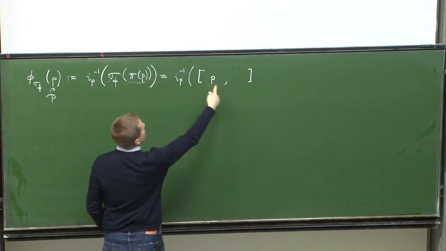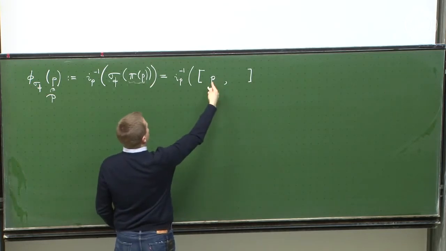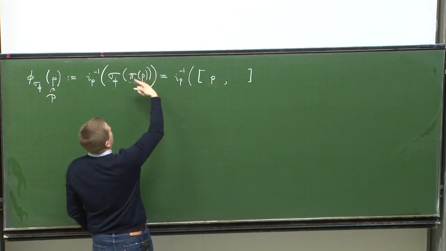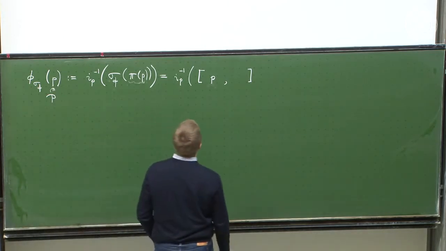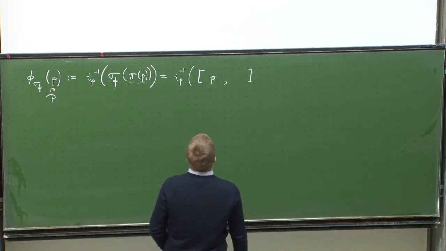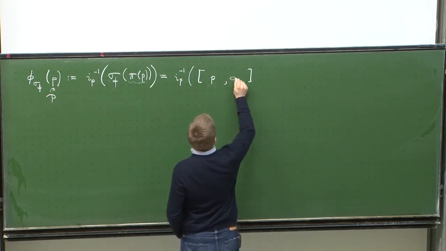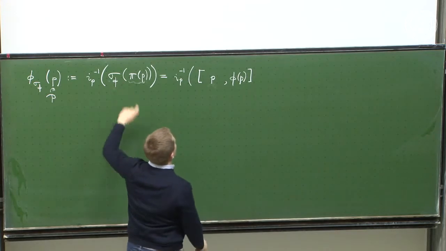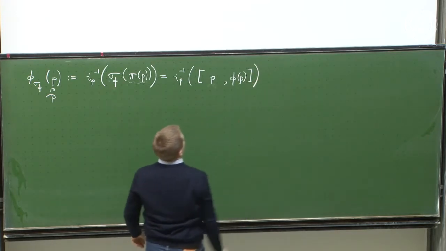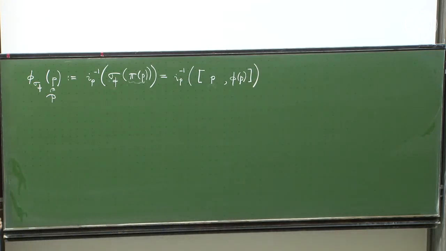Well, I can take this P directly. If I can take some P in the fiber over pi of P, I take the P immediately. Why not? And we know it's well defined. And then over here, we had to take the phi that's given down here of the same P.